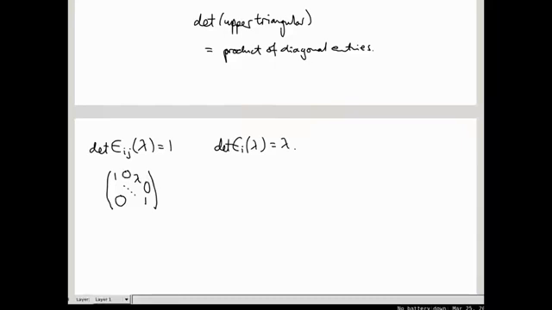And the same argument, so if it's above the diagonal, we've just said upper triangular determinant is the product of the diagonal entries, so the determinant is 1. Exactly the same argument applies for lower triangular things.